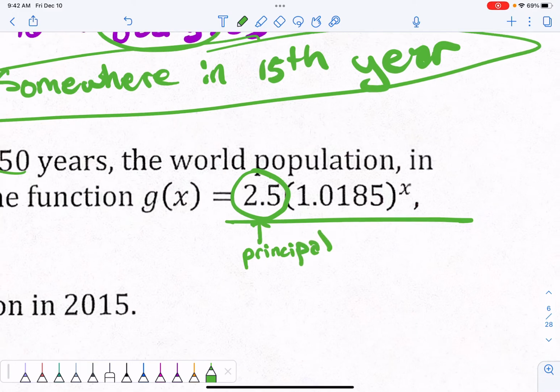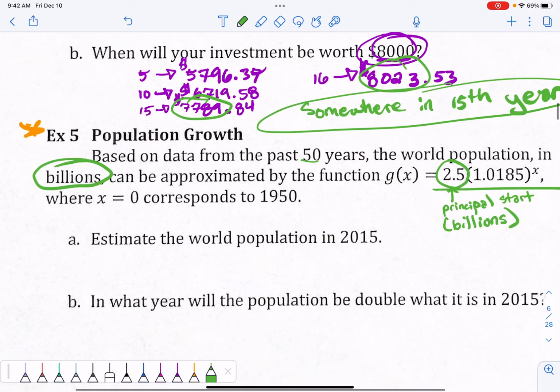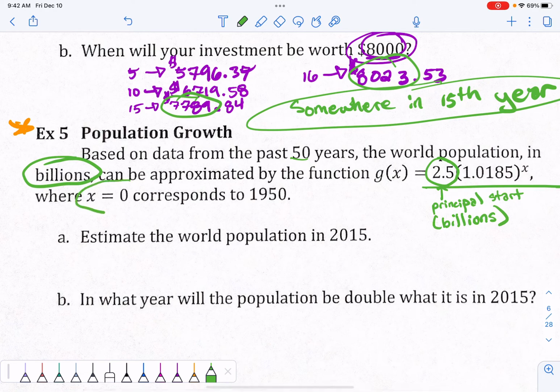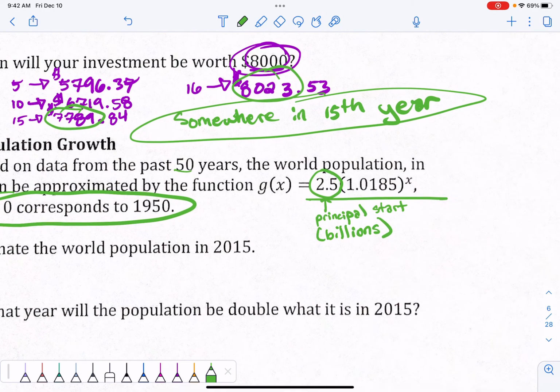But our principal number is based on billions, right? So our principal or our starting number is 2.5 billion. And our starting number, it tells me right here, is in 1950. So they're saying the principal amount was 2.5 billion in 1950, okay?